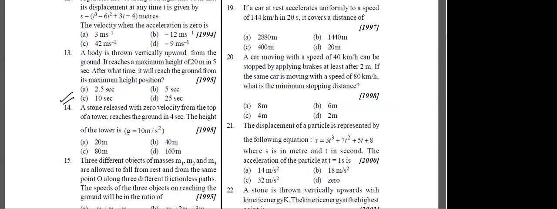I guess all of you have gone through the problem. A car moving with a speed of 40 km/h can be stopped by applying brakes at least after 2 meters. So I guess S is given. First of all, whenever you take an approach, write down the information. It doesn't matter whether you are solving a problem in physics or physical chemistry, this is very important for these two, because unlike maths, the problem is not given directly.